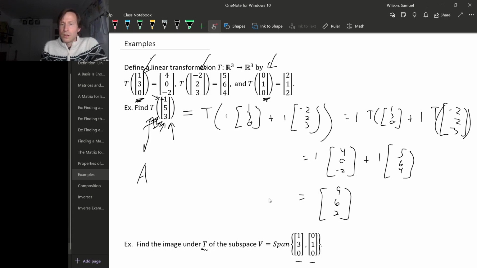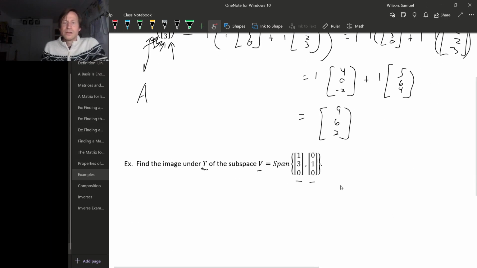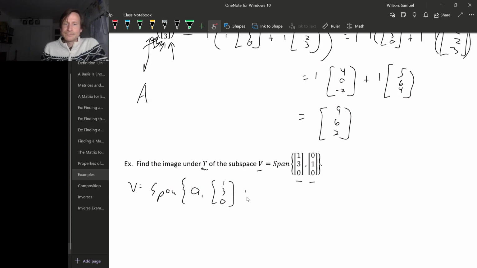So this linear transformation sends this subspace V to another subspace, right? So one way that we can write this span V is it's all linear combinations of these two vectors.